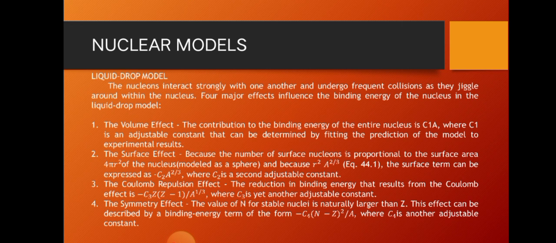The symmetry effect is the fourth factor. The value of N for stable nuclei is naturally larger than Z. This effect can be described by a binding energy term of the form negative C4 multiplied by N minus Z squared divided by A, where C4 is another adjustable constant.